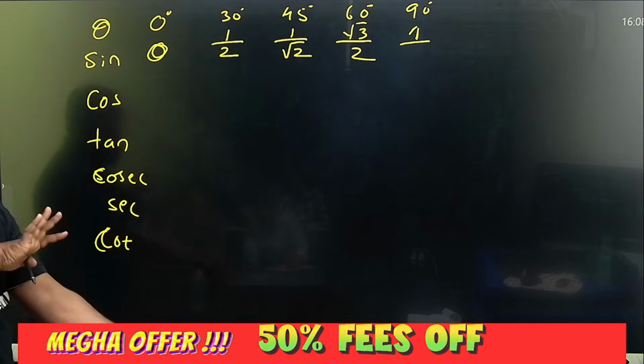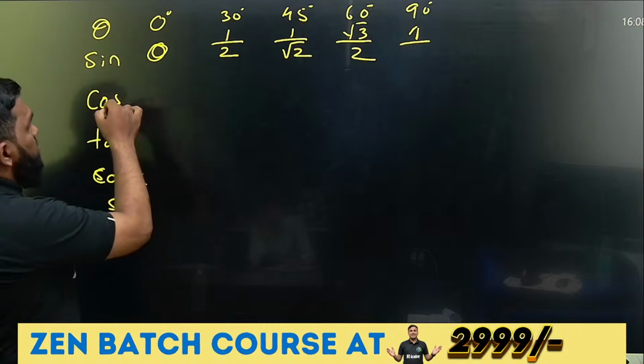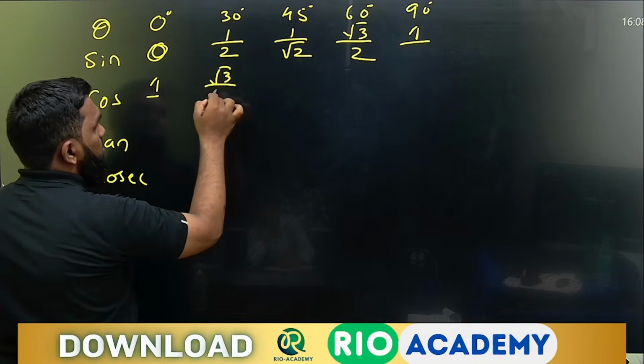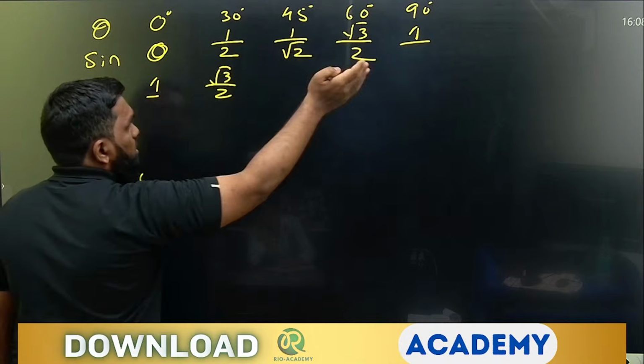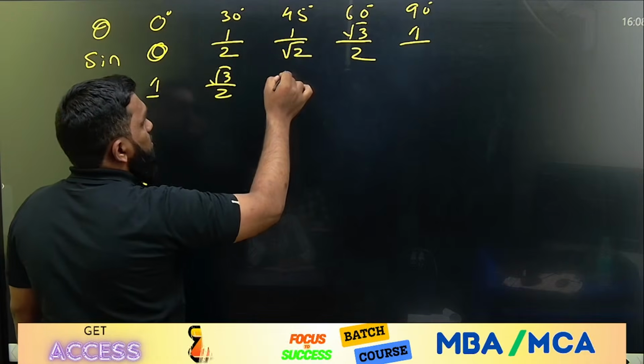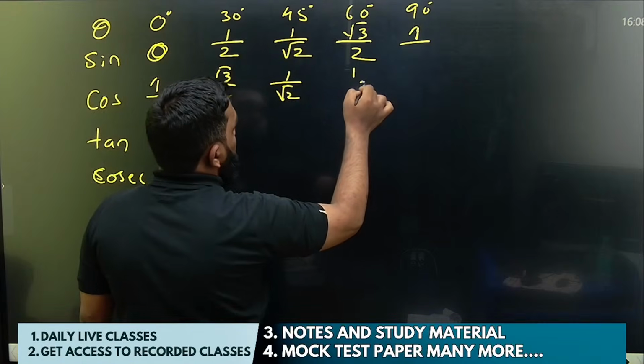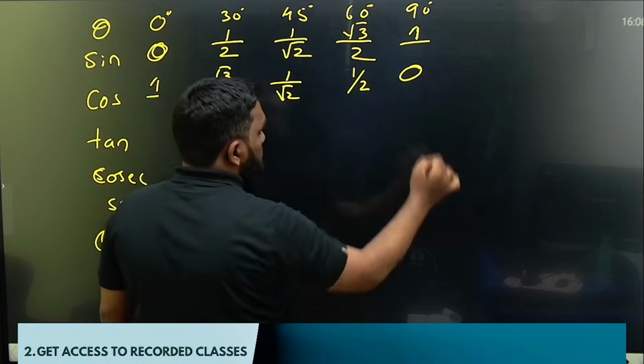Cos is the reverse. Cos 0 is 1, cos 30 is √3/2. Go in the reverse order of these values: √3/2, then 1/√2, then 1/2, and then 0.